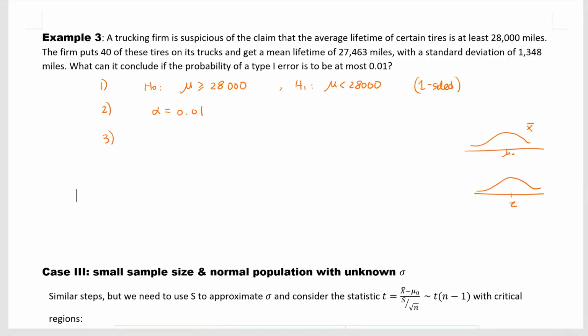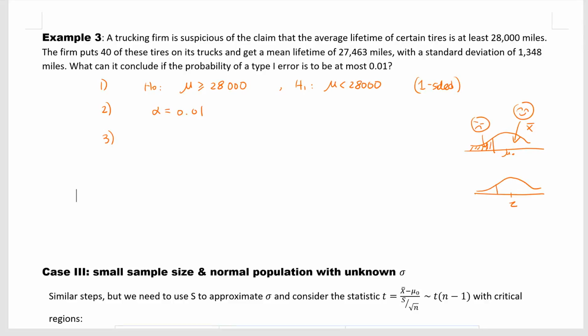If mu is greater or equal, so if the lifetime of the tire is greater than 28,000, we are happy, right? So here we are happy. And when it's small, your tires break so soon, then we're not happy. So we're not happy here.